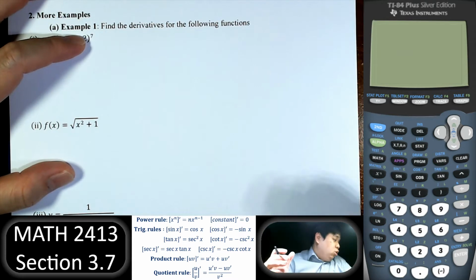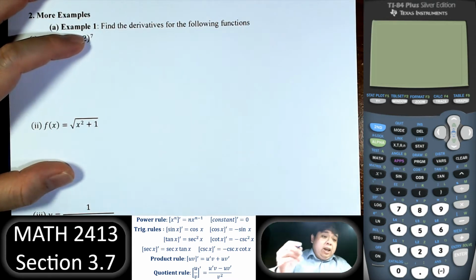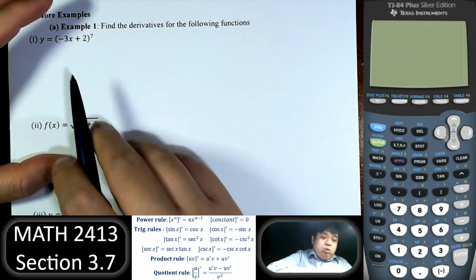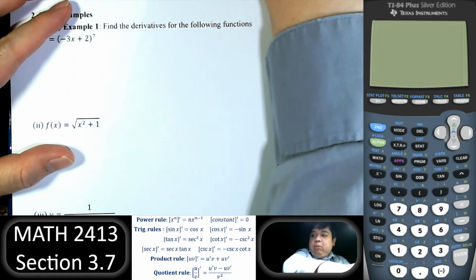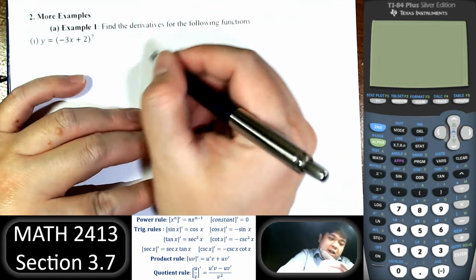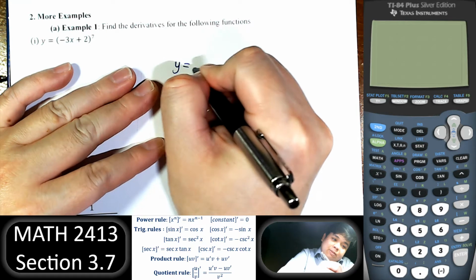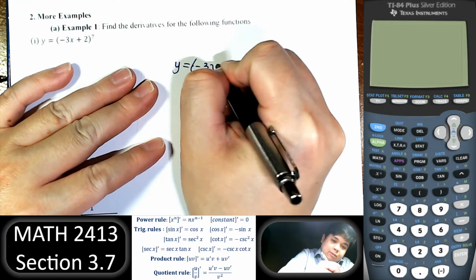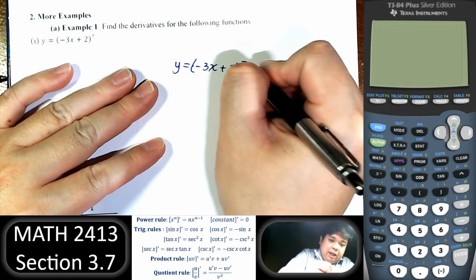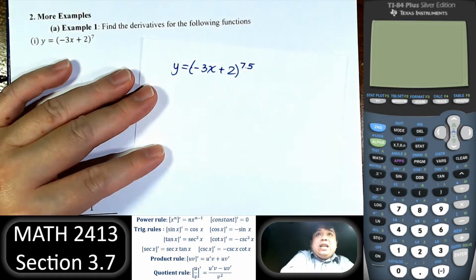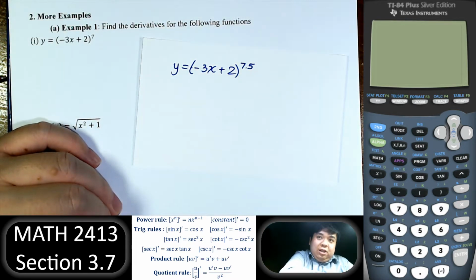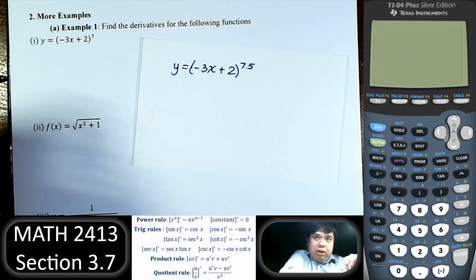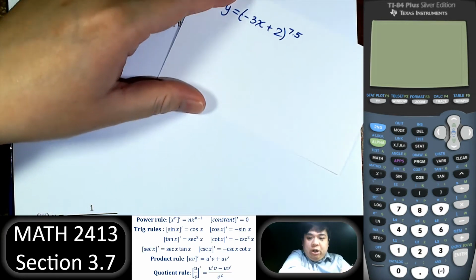We don't want to multiply it out. We can, but that will take a lot of work. And if we have a problem, let's say similar to this, 7.5, in that case, we won't be able to multiply it out. So the point here is don't multiply it out. Use the chain rule instead.